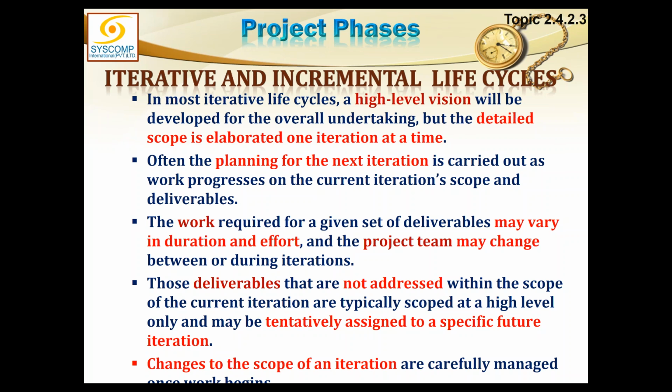The work required for a given set of deliverables may vary in duration and effort. This we also understand, that every iteration or every phase will have its own duration. But again, as I said, Agile, although it is an incremental life cycle model, is different from this cycle.